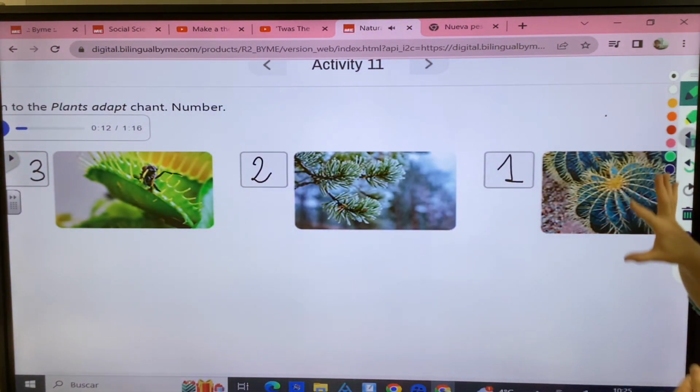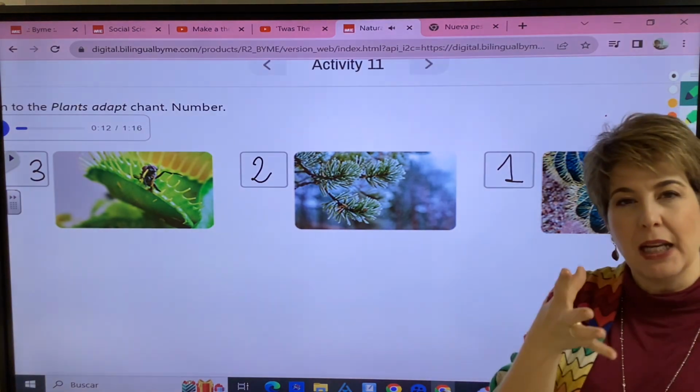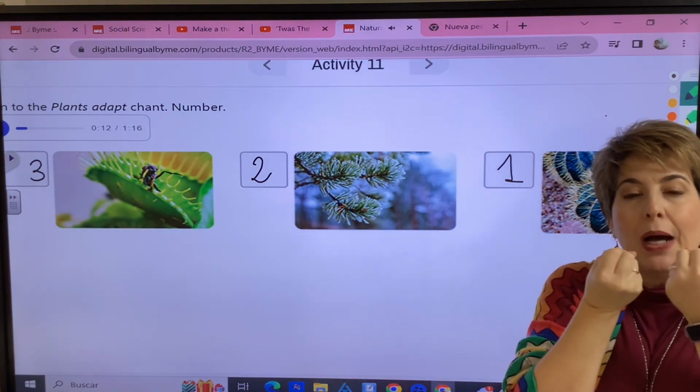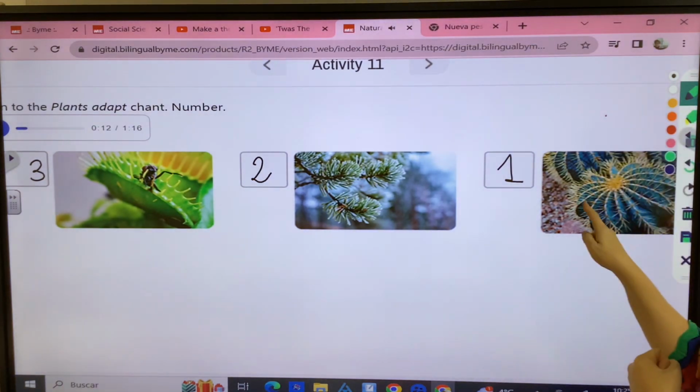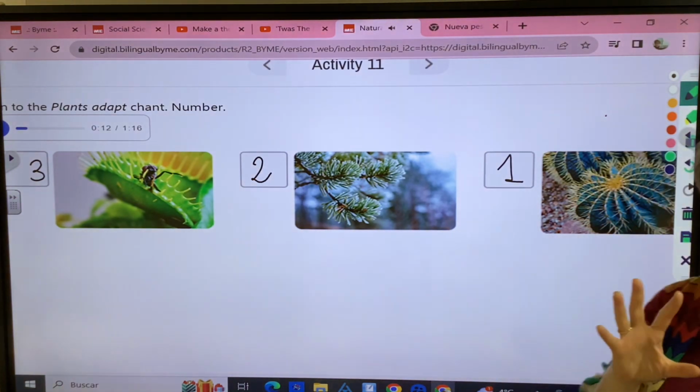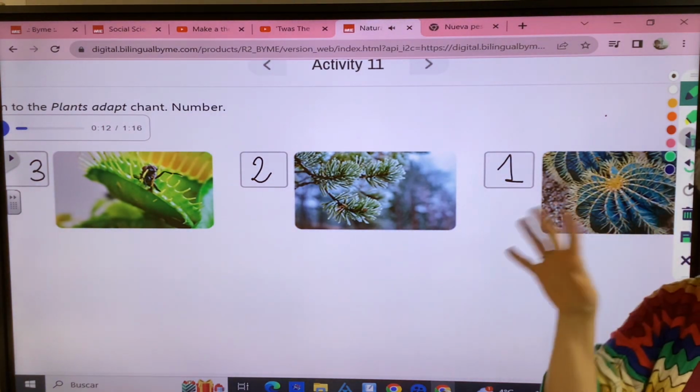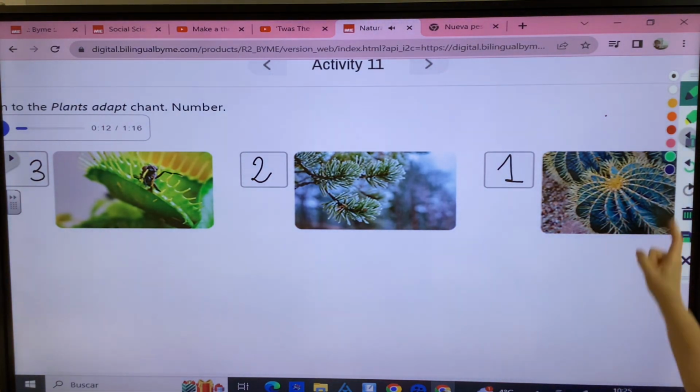Okay, so the cactus lives in the desert and has a thick stem to absorb water and keep the water inside. It also has spines to protect itself from animals, from predators.